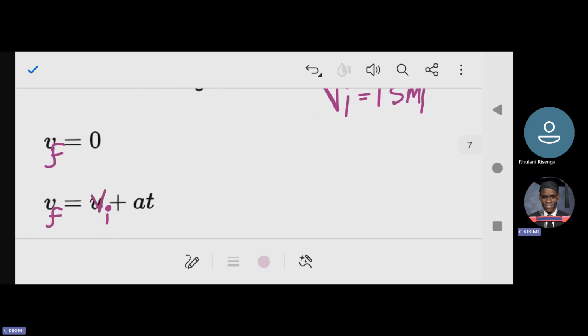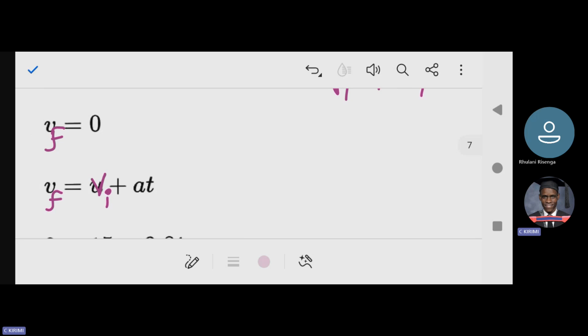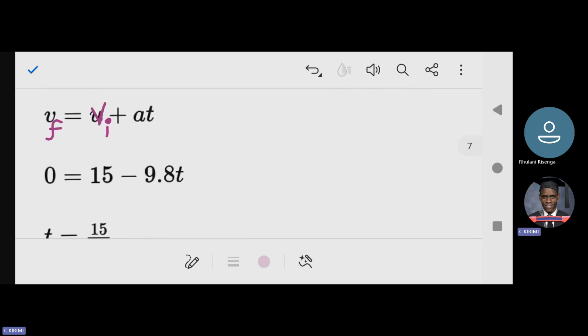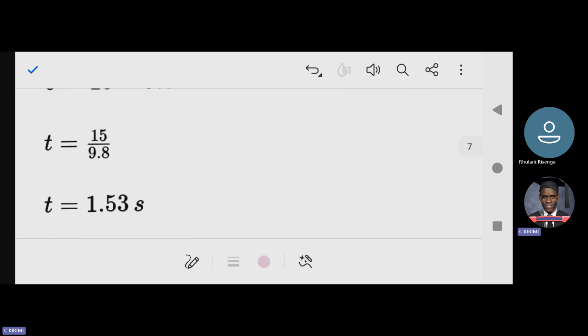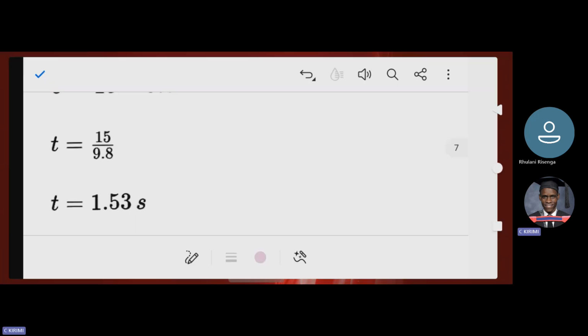Final velocity equals vi plus at. If I have a final velocity of 0, an initial velocity of 15, and an acceleration due to gravity of -9.8, I will reach the maximum height when 1.53 seconds has elapsed. Any question then?